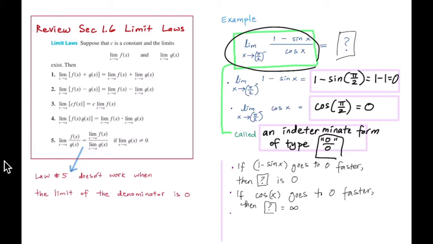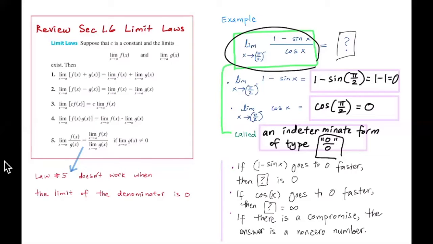But often there is a compromise where the answer is a non-zero number. We cannot tell which situation we're in. In the next slide, I will talk about a method which will allow us to determine which situation we're in and compute this limit exactly.